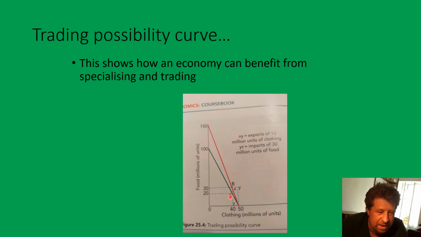If instead it specialises in producing 50 million units of clothing, so it uses all the resources for the clothing, and then trades 10 million units of the clothing to obtain 20 million units of food, it can achieve this position B. So it's actually shifted the curve to a better position. Managed to get the same amount of clothing but a bit more food from its strategy of specialising and trading.